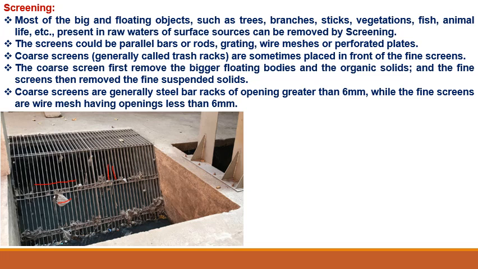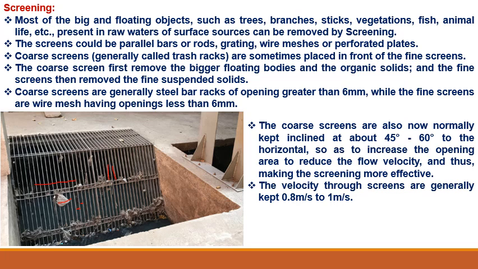Coarse screens are generally steel bar racks with openings greater than 6 mm. Opening means the spacing between two bars, which is greater than 6 mm, while fine screens are wire mesh having openings less than 6 mm.